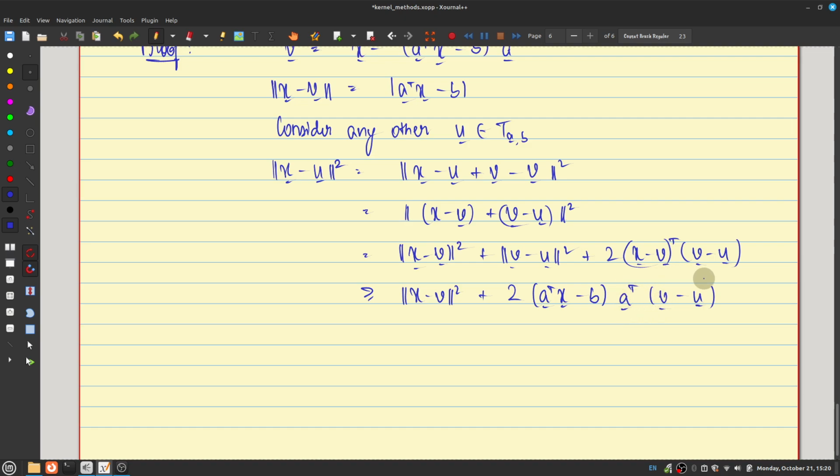So what is A transpose times V minus U? It's 0. So this is the norm of X minus V the whole square plus 0. So no matter which U you pick on the hyperplane, the distance from x to U is always greater than or equal to the distance between x and V.